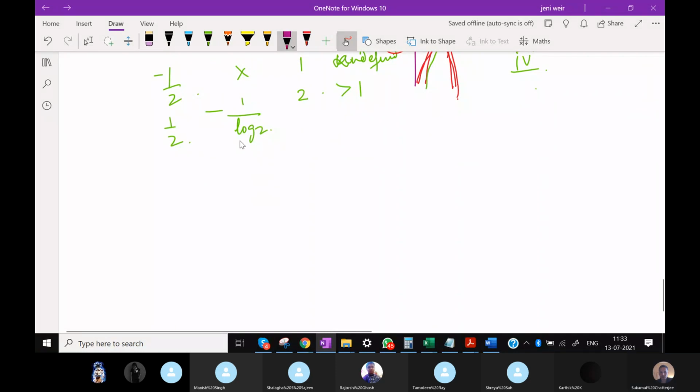Next, when we have a trigonometric function, sin x plus 1 by sin x. Now we know that the value of sin x lies between +1 and -1.